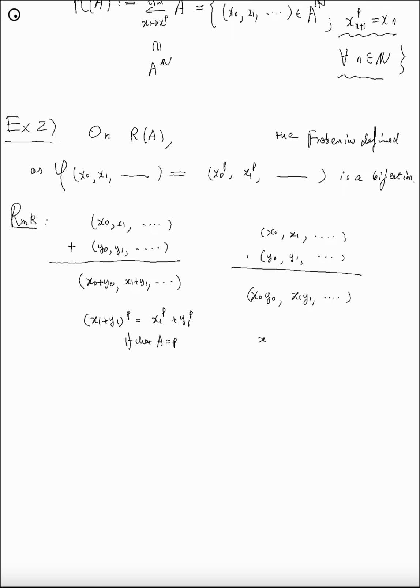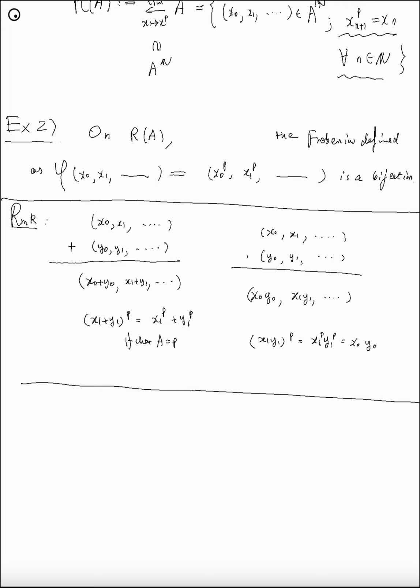And then, all right, this is still okay. This is commutative. So you could define your ring structure here. Anyway, let's first prove this is a bijection.